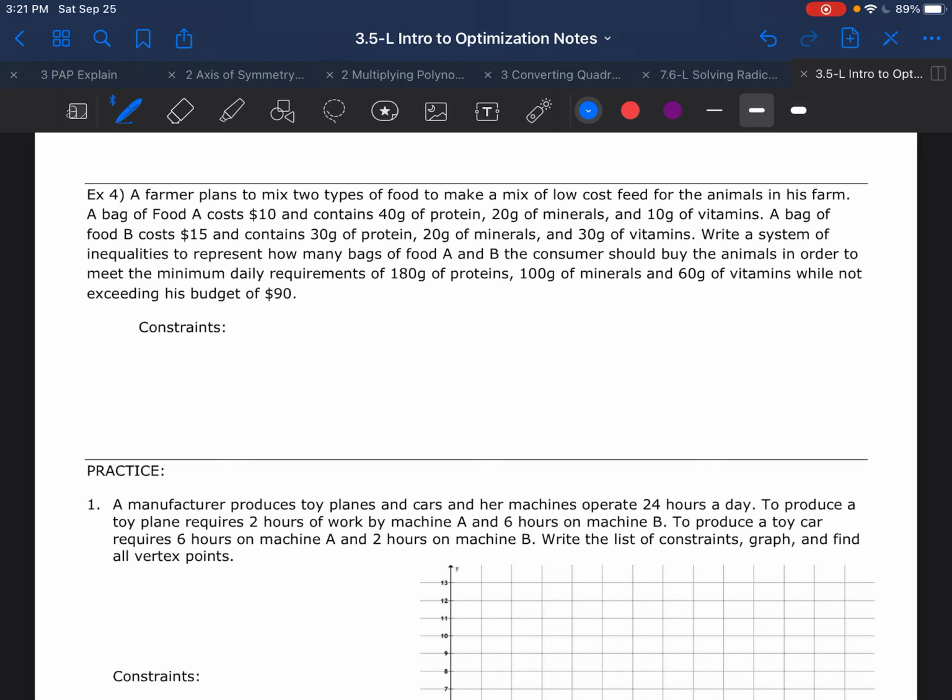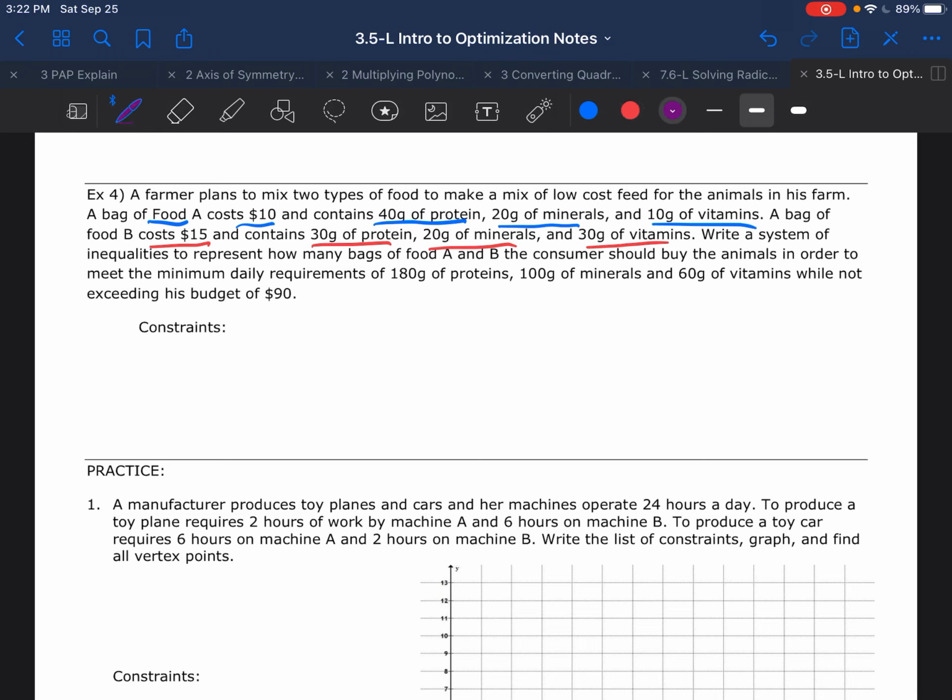A bag of food A costs $10 and contains 40 grams of protein, 20 grams of minerals, 10 grams of vitamins. A bag of food B costs $15, contains 30 grams of protein, 20 grams of minerals, and 30 grams of vitamins. Write a system of inequalities to represent how many bags of food A.